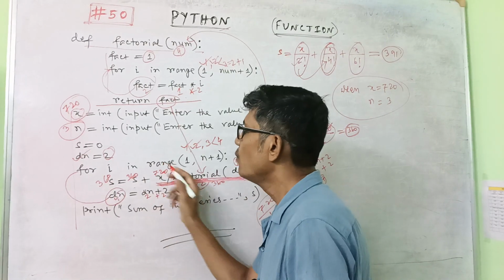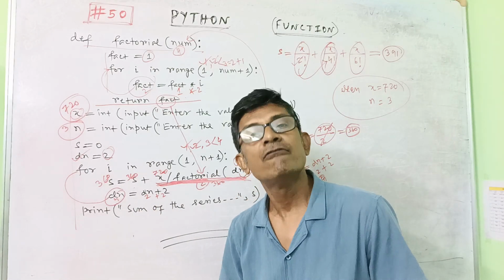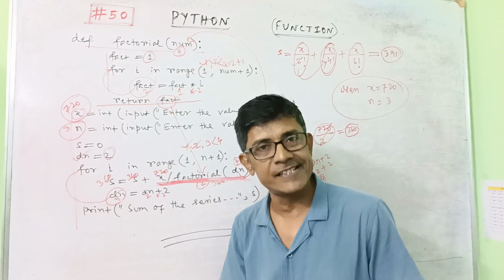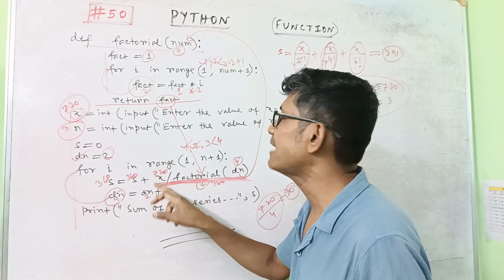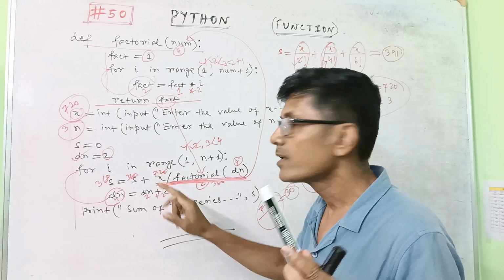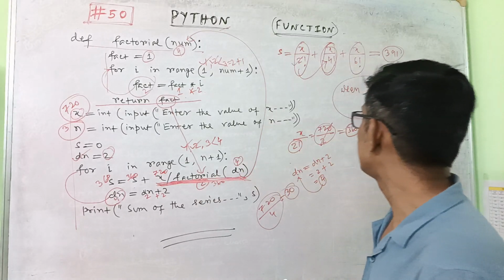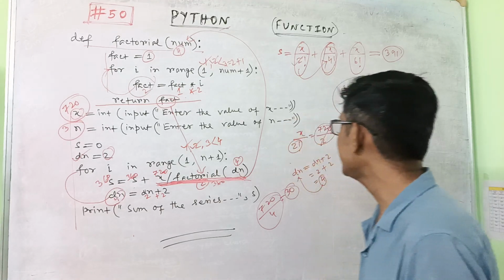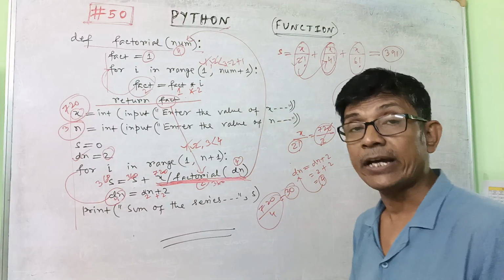So in this way we will update dn. dn will be updated 3 times. First time it will be 2, second time it will be 4, third time it will be 6, and finally one by one we are dividing 3 times: 720 by 2, 720 by 24, and 720 by 720.